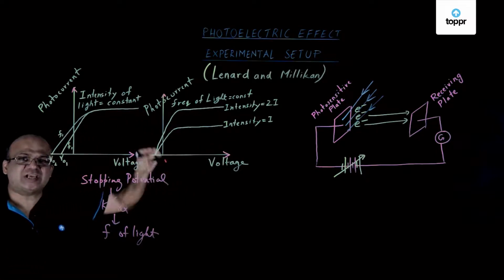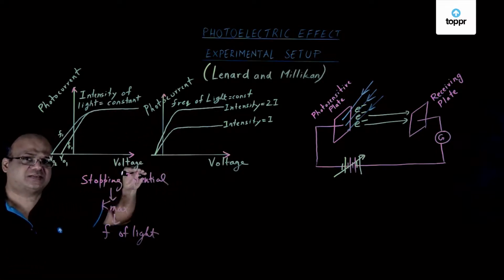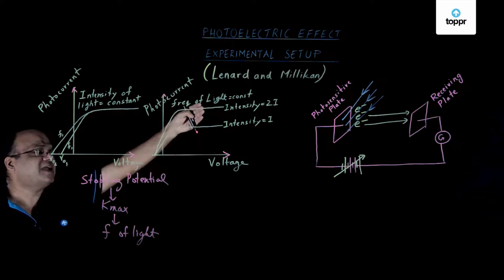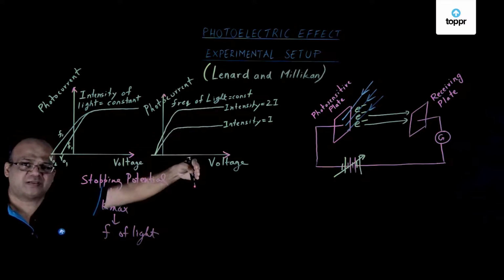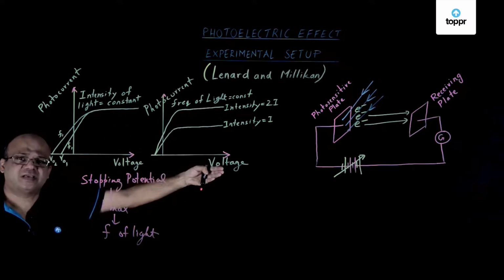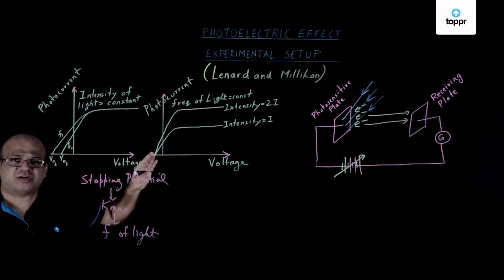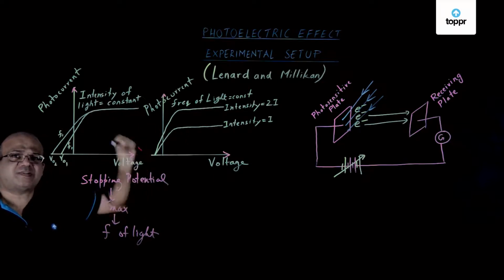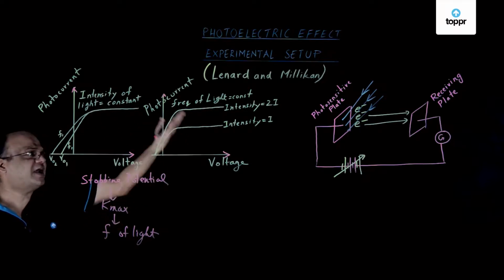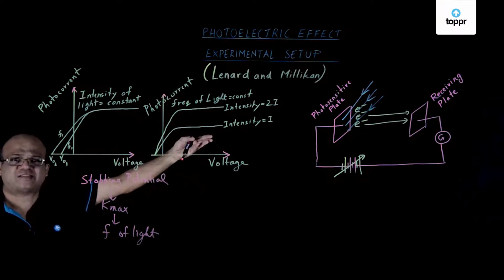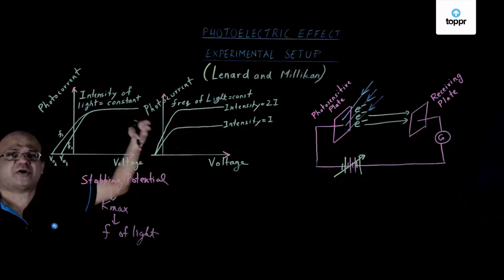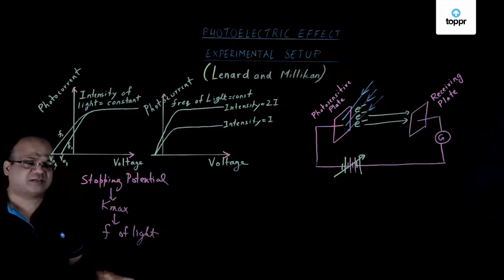Now, here what is happening? We are changing the intensity of light. Earlier, say, intensity I of light was coming. Now, you double the intensity, keeping the frequency constant. Frequency constant means color of light is the same. So, blue light is falling. Now, double the blue light is coming. More energy per unit area per unit time is coming onto the plate.